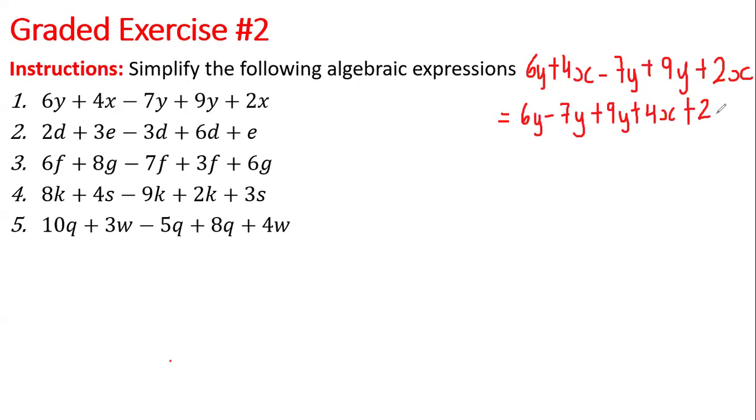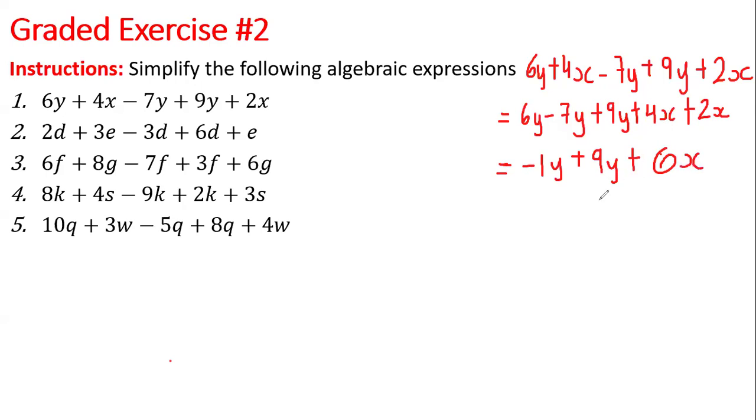Now we have all of the Y's together and all of the X's together. 6Y minus 7Y is going to be negative 1Y, plus 9Y, plus 4X plus 2X, which is 6X.